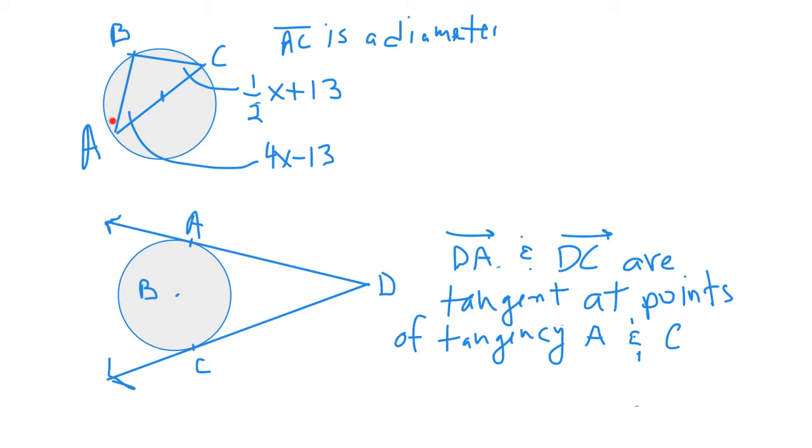In this next picture, we have AC as a diameter, and we actually have three inscribed angles. All three of these are inscribed angles because all three have two chords and a vertex point on the circle. We know that this angle up here must be 90 degrees because it hits the two ends of a diameter, so we can write an algebra equation and solve for x.